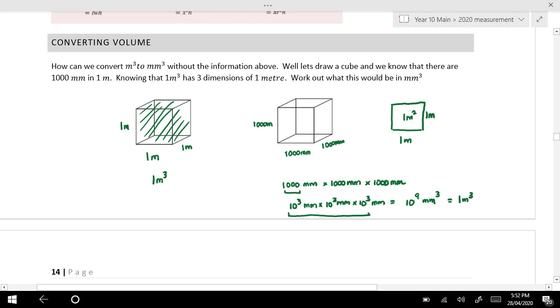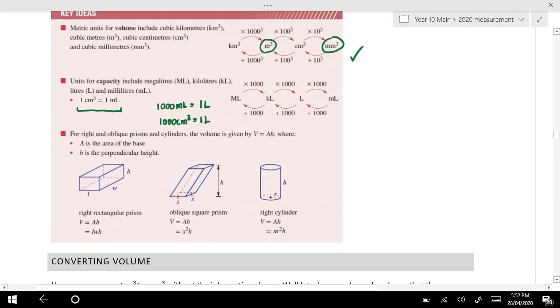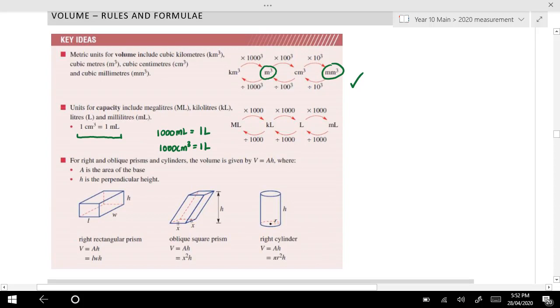As you can see up here, that is the same as if I go from here to here: 100 cubed is 100 to the power of 3, and then we multiply by 10 cubed. Now 100 cubed is 100 times 100 times 100, which is actually 1 million.